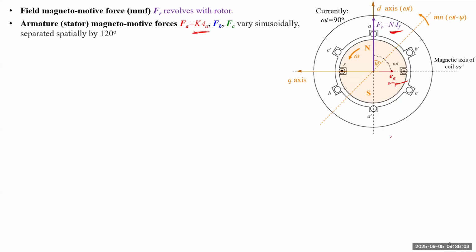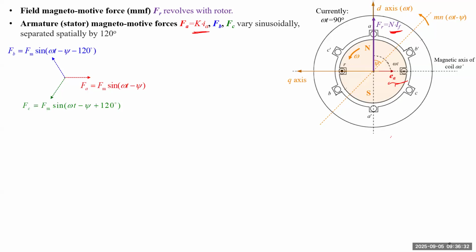For the B winding, it will be the same K, but multiplied by another current iB. And those 3 magnetomotive forces, the direction is always the same because the winding doesn't change. A, B, C will stay the same. So if you draw those magnetomotive forces, they will be like phasor vectors pointing in the same direction, but the value is proportional to the current.